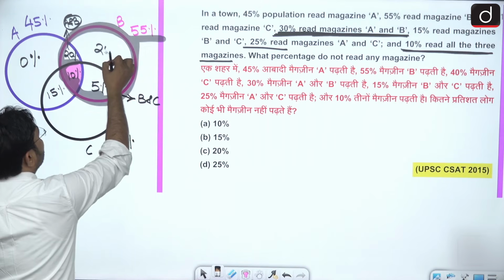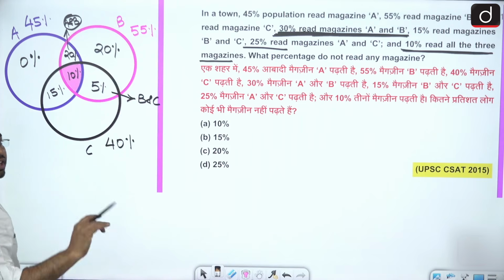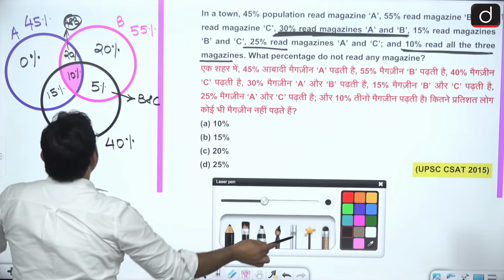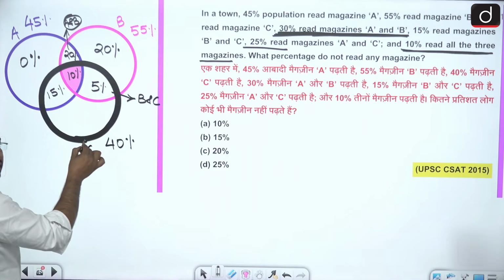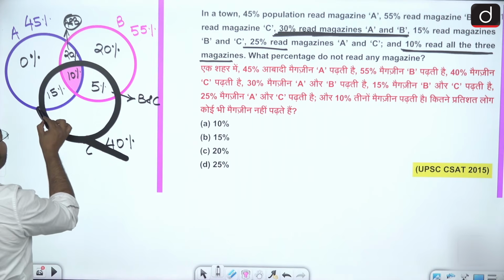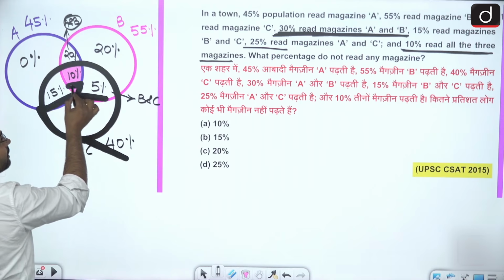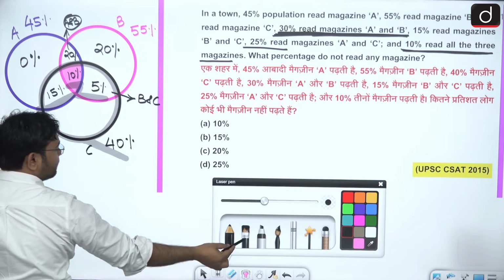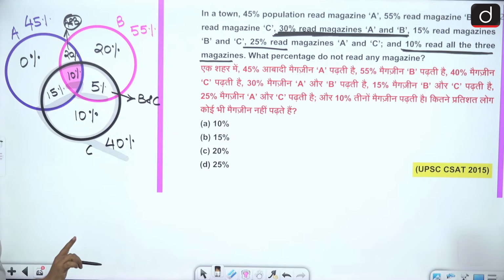So 20% are those who read only B. Now this circle is representing magazine C, and magazine C is read by 40%. Now sum of these three numbers, 15 plus 5, 20 plus 10, 30. So 30 here, total 40. So you can say 10% people read only magazine C.